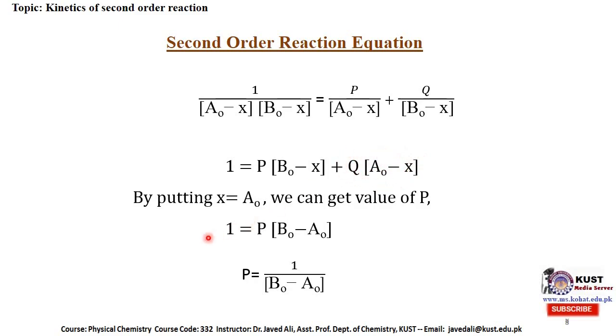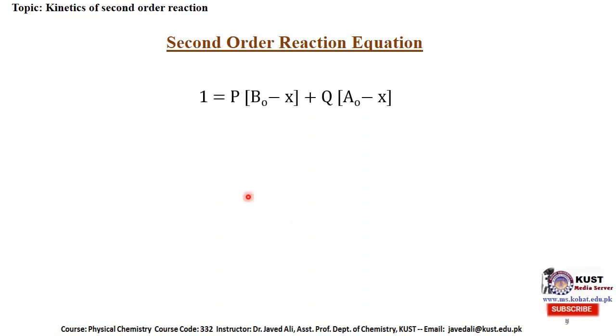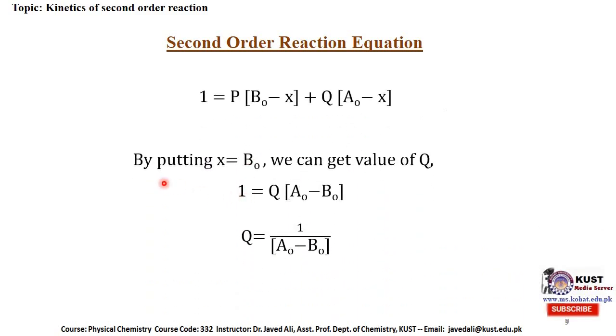So now the equation will become 1 is equal to p (b naught minus a naught), because x is equal to a naught. By rearranging, p is equal to 1 divided by (b naught minus a naught). Similarly, to find out the q value, we put x equal to b naught.